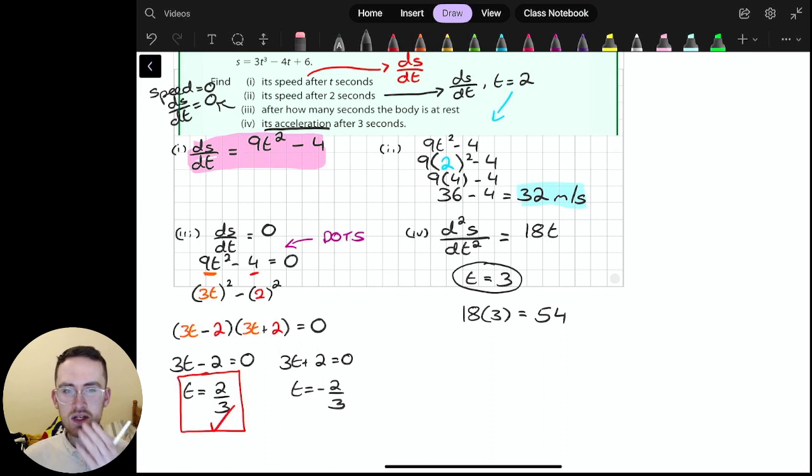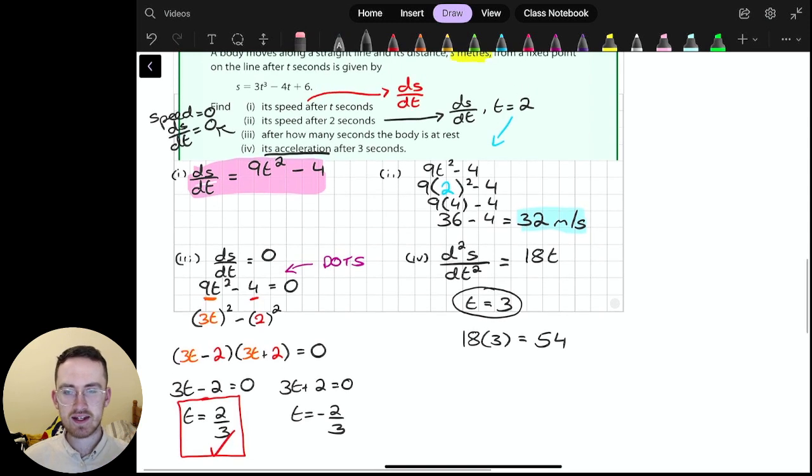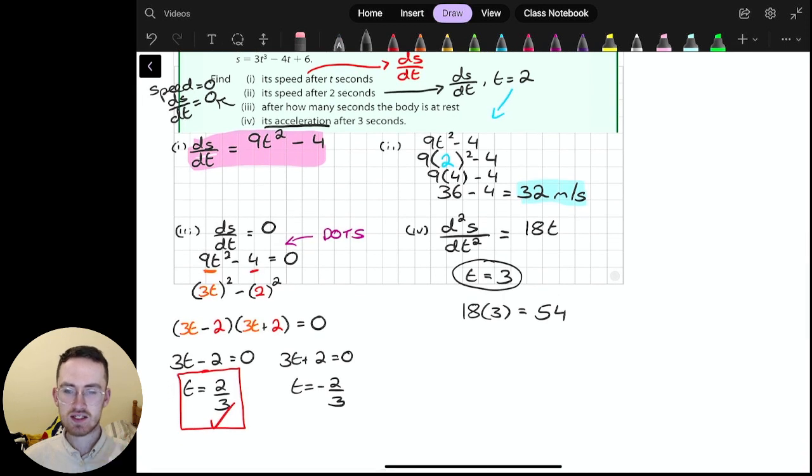And we can see what I've done even in this question is when I've recognized what the question's asking me, I've made note of that, I've written that in for myself. Particularly part 3 there, where I wrote down ds/dt is equal to 0, and that again is showing an examiner in this situation, of course, that I know what I'm doing, that I know where I'm starting, and even if I can't go any further, I know that for it to be at rest, ds/dt is equal to 0. Okay, so that's the idea.